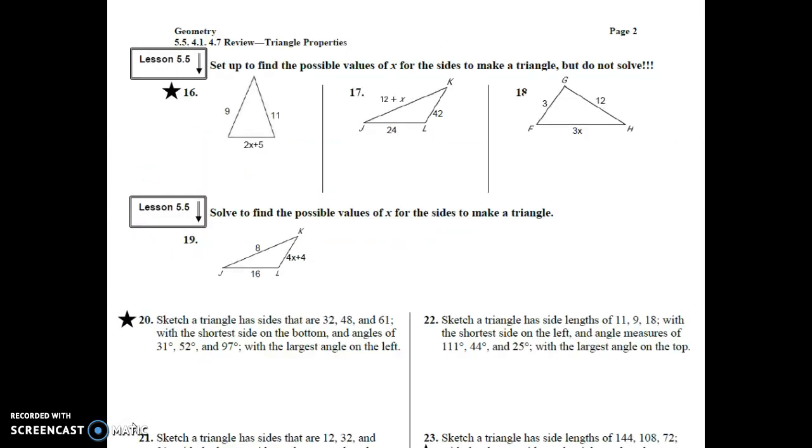When you get to triangle problems that have pictures, you're basically setting up the same problem, except the third side is this unknown 2x plus 5. I recommend that you go to your notes 5.5 and look. There are some more examples there that I think are very helpful. But remember, all we need to do is focus on the two numbers given.